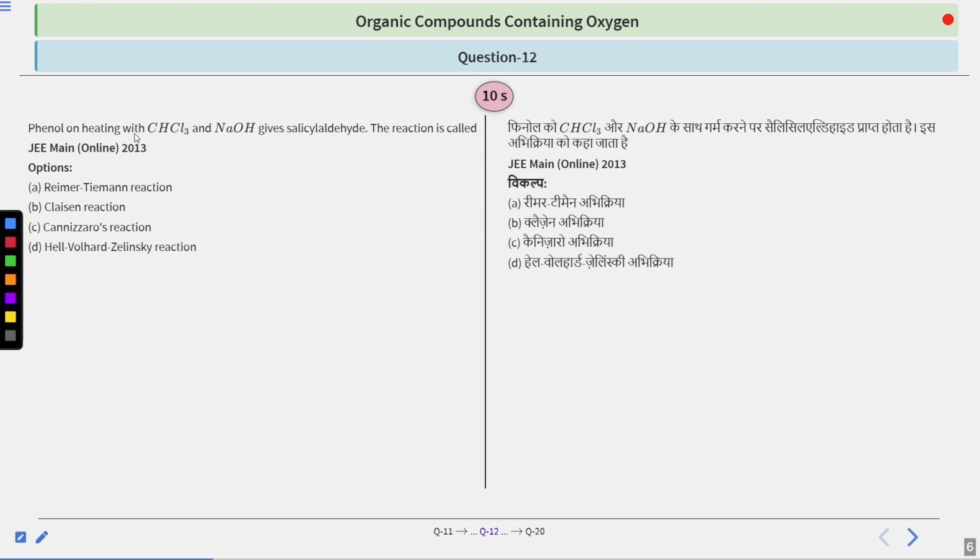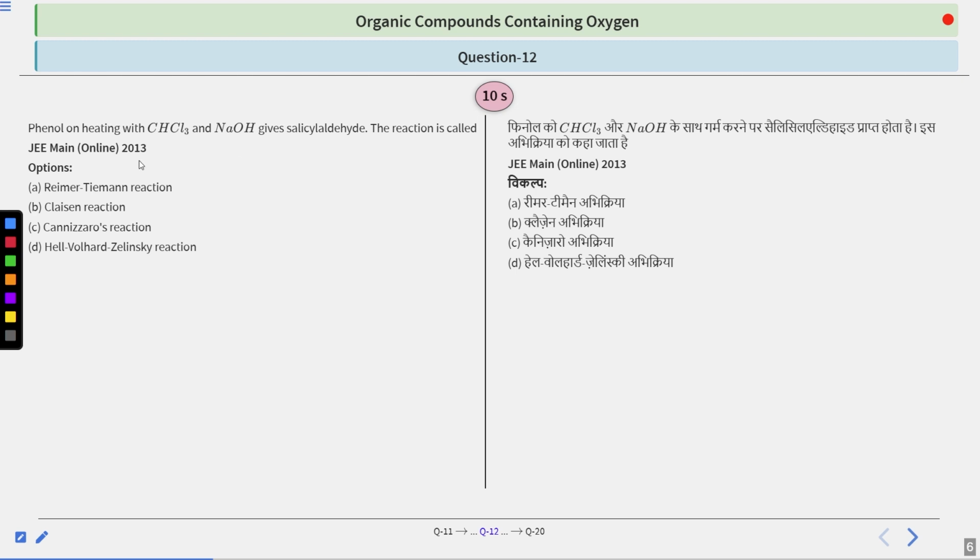Phenol on heating with CHCl3 and NaOH gives salicylaldehyde. The reaction is called what? Again, we are given a reaction in which phenol is heated with CHCl3 and NaOH and the product is salicylaldehyde. We have to find the name of the reaction.